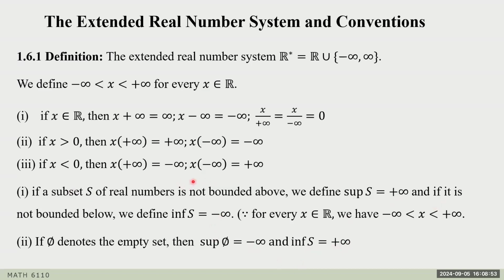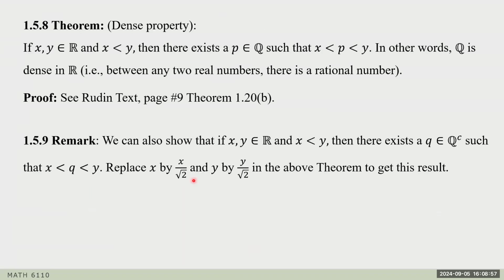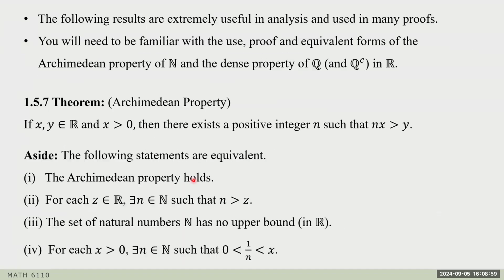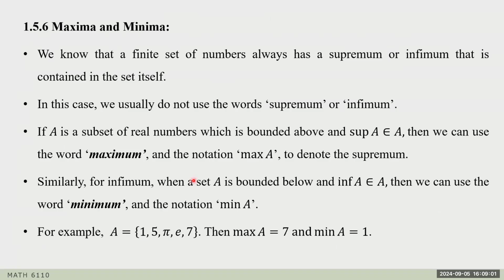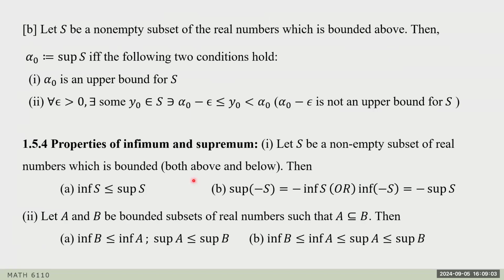So that's why in everything that came before, if I go back, for example 1.5.4, in the statement of these things, we always say, let S be a non-empty subset.